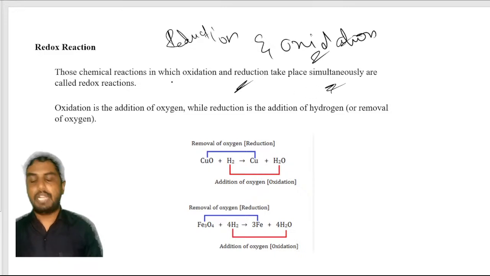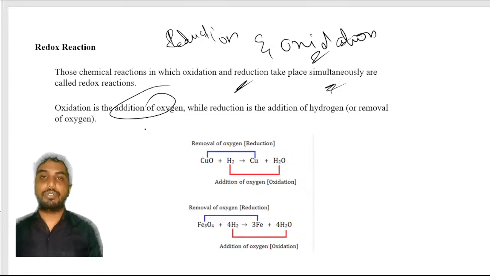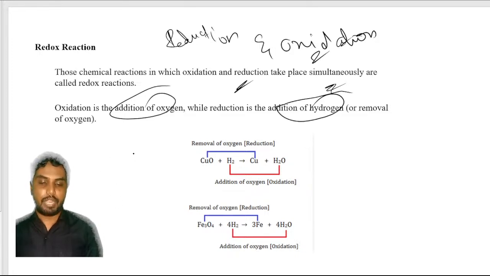Oxidation is the addition of oxygen, while reduction is the addition of hydrogen. Whenever oxygen is added, it is called oxidation; whenever there is an addition of hydrogen or removal of oxygen, it is reduction.